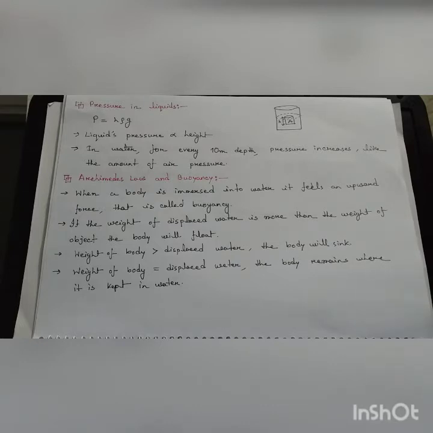When a body is immersed into water, it feels an upward force, that is called buoyancy. And at first this property was explained by Archimedes, and from Archimedes' law we get some points here.